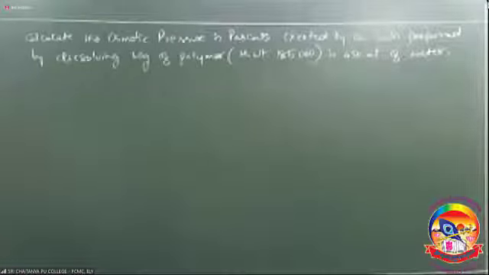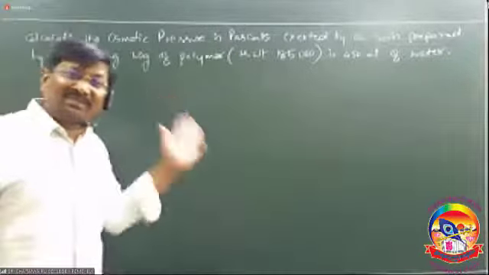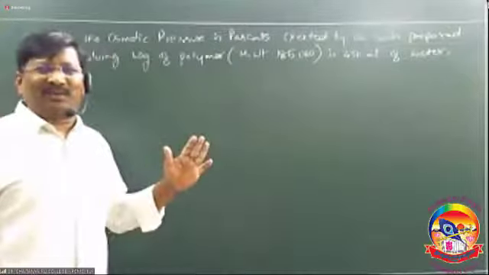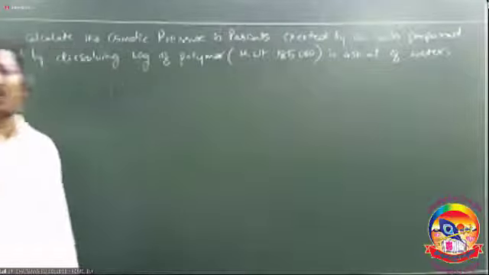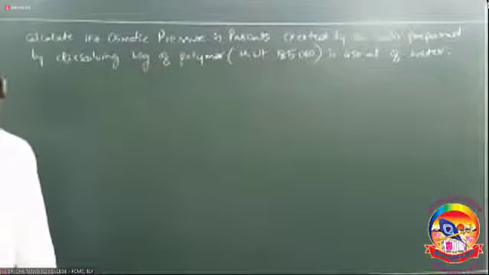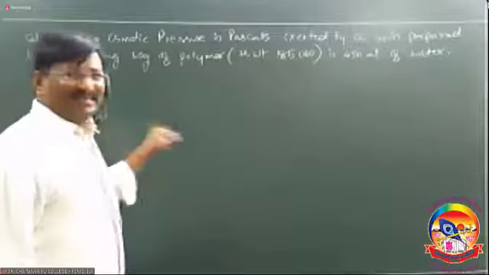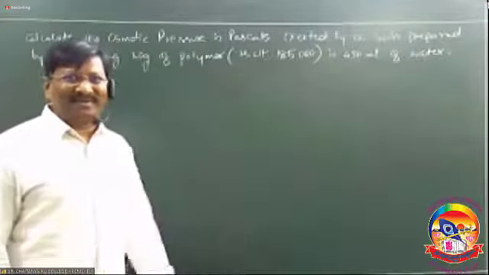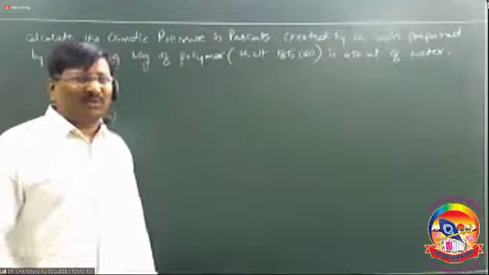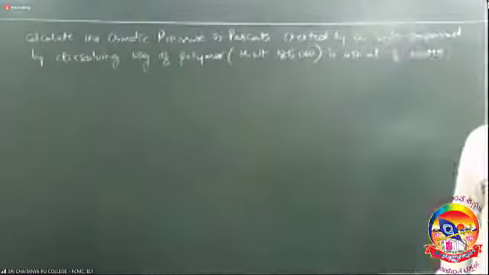Could you tell me what is the major difference between the first 3 colligative properties and this one? In the first 3 colligative properties, molality is involved, whereas in this one, molarity is involved. You just go through the formula given yesterday.